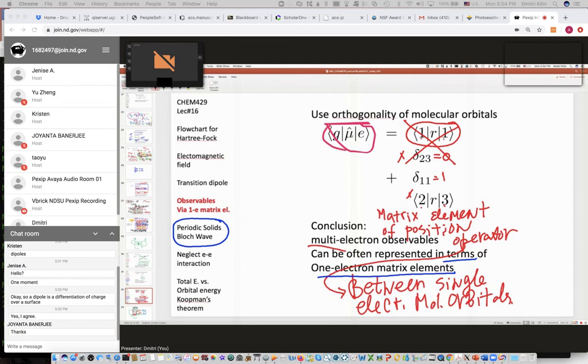And if one takes this value squared, the absolute value squared of the ground, excited bracket, it will give the intensity of the spectral line in the spectrum, or what is called oscillator strength.